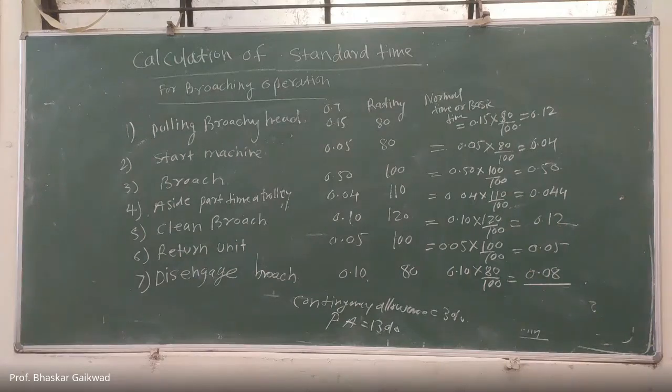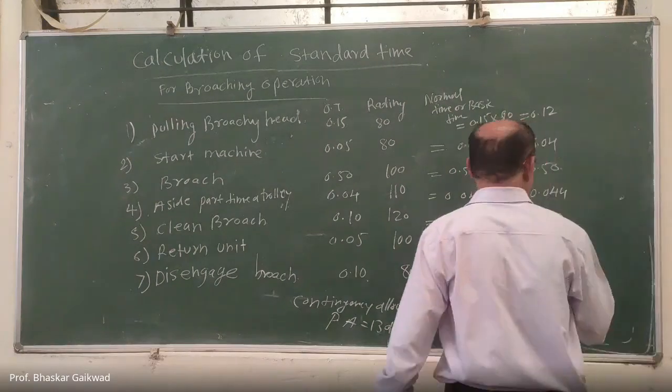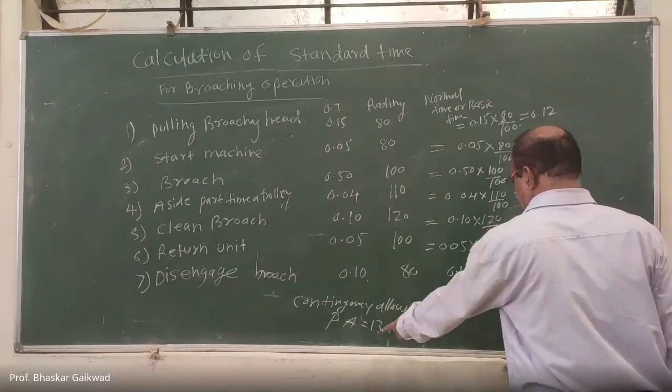After this, whatever total you get here, the same way you can make the contingency allowance.